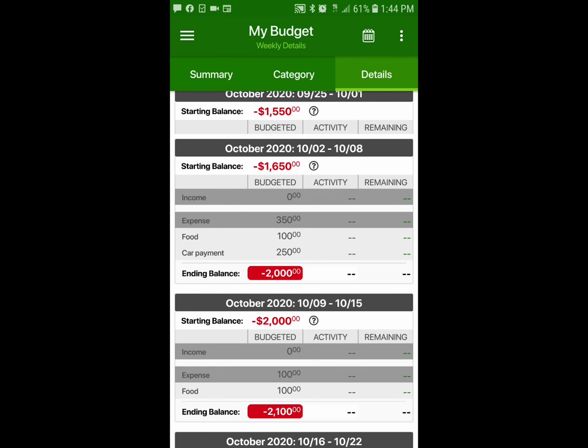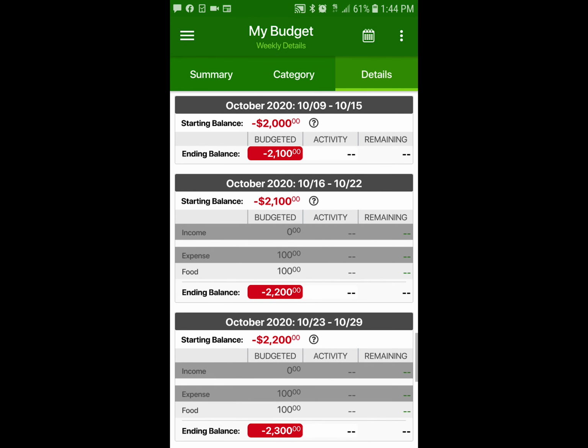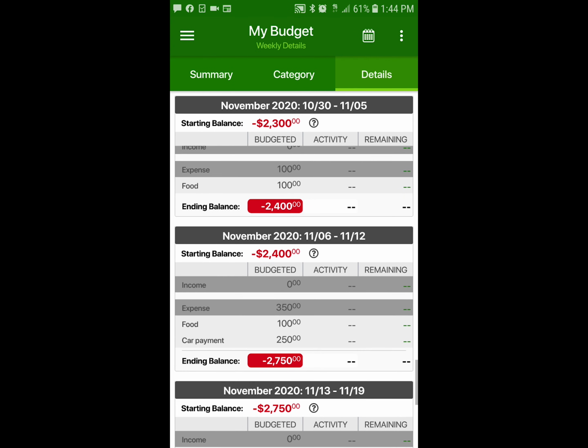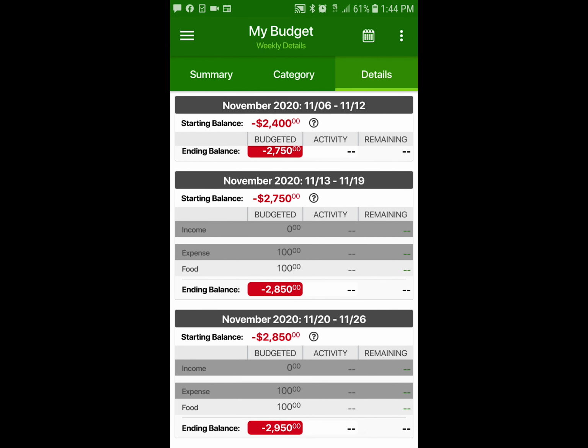Now let's look into the future a little bit. So you can go, like I said, this goes way into the future. So you can scroll into the future and just look at it week by week, month by month. Or let's see, let's go 5 years into the future. So if you look at the top right hand there, there's a calendar.